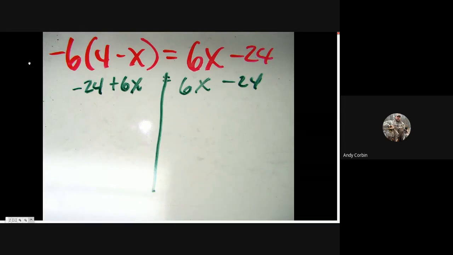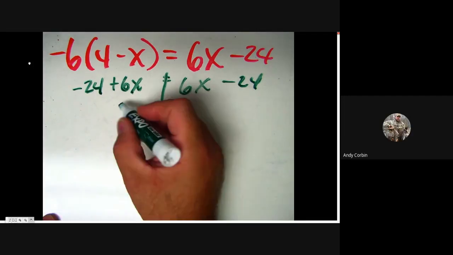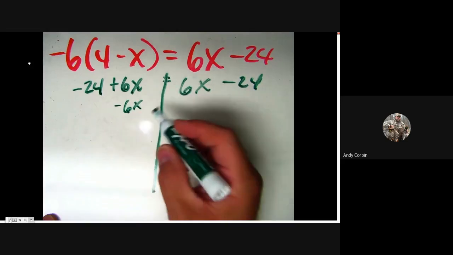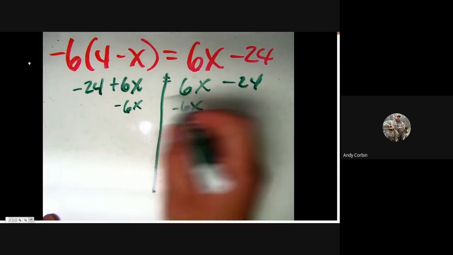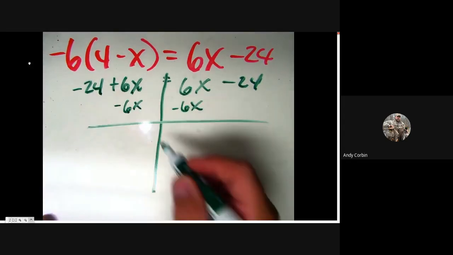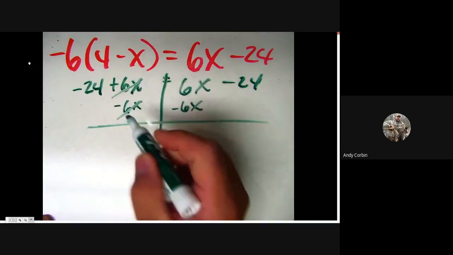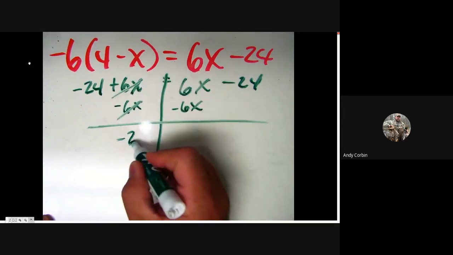How do I move a positive 6x? You subtract 6x. So if I subtract 6x from that side, I'm going to subtract 6x from that side.